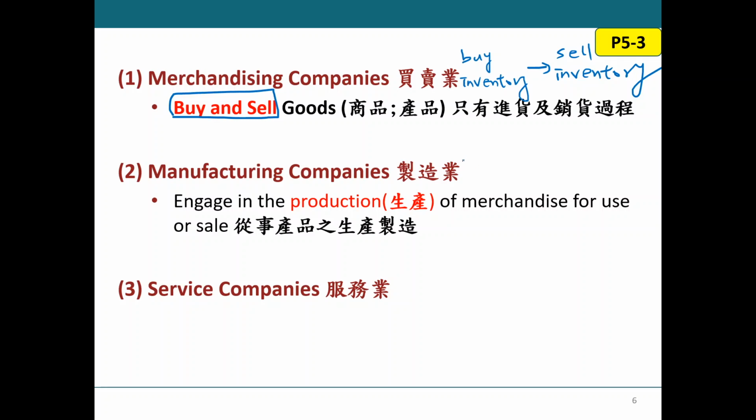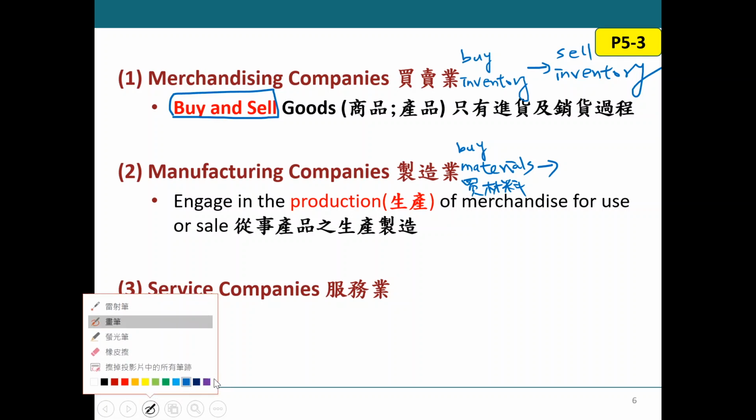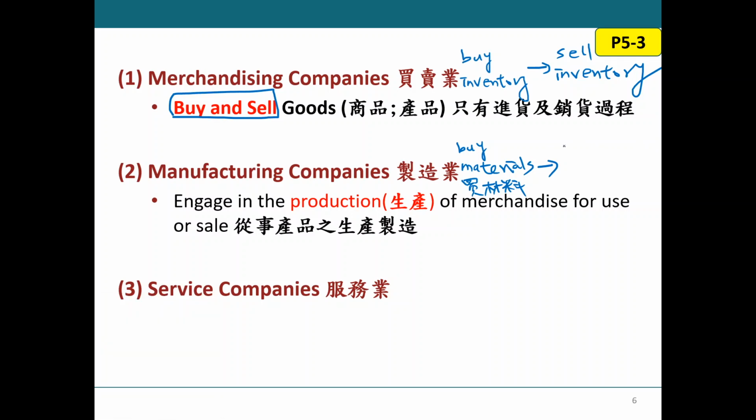They will buy materials, 买材料, put the materials into the production process, and produce the product.